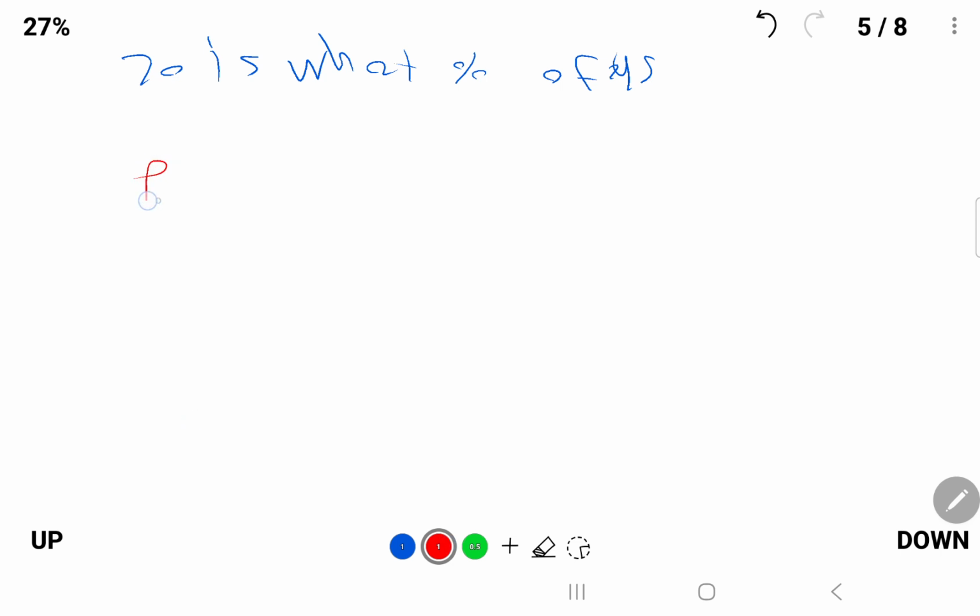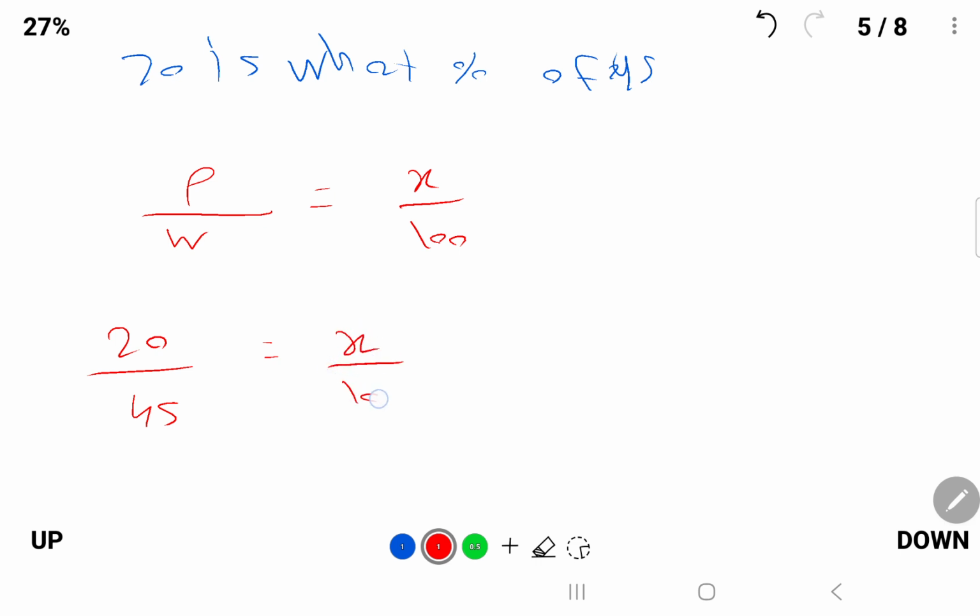First we need to write the equation part over whole equal percent, or let's write it x over 100. So part is 20 over whole is 45 equal x over 100.